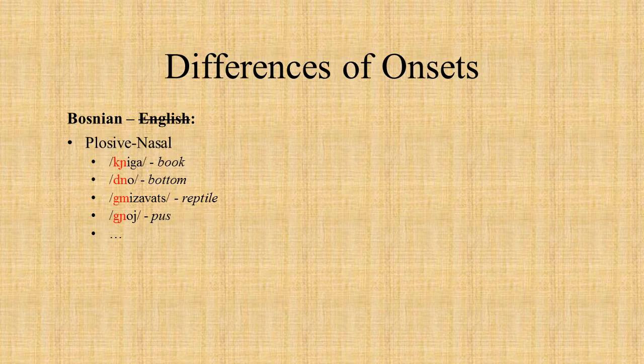The word gmizavac, reptile in English, has the voiced velar plosive stop g and the bilabial nasal m side by side. The same applies for the word gnoj, which is pus in English, where the voiced velar plosive stop g and the palatal nasal nj are being combined. So in those examples, we are again able to see differences of onsets which do occur between those two languages.